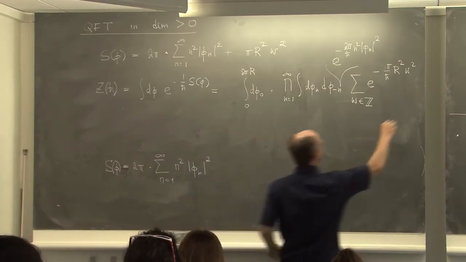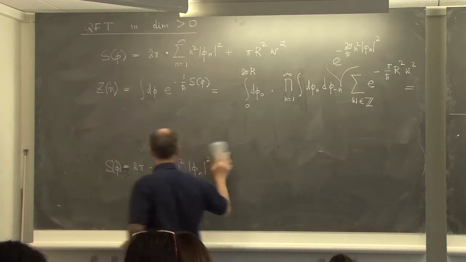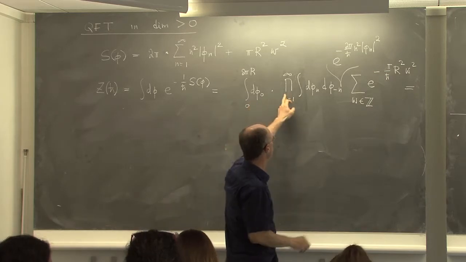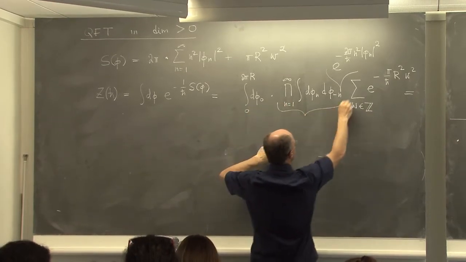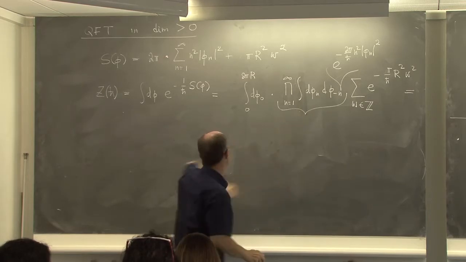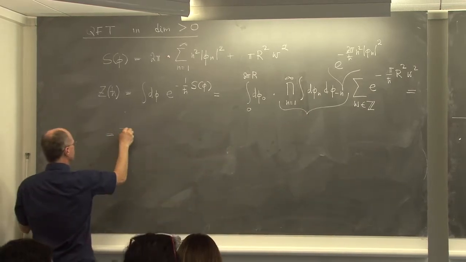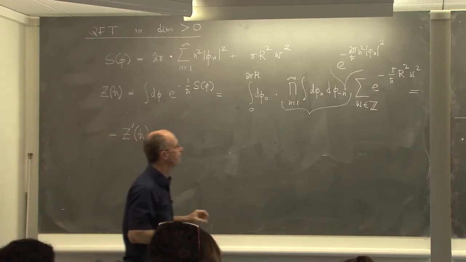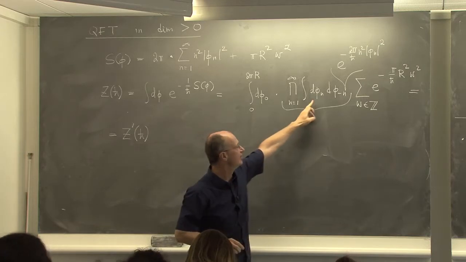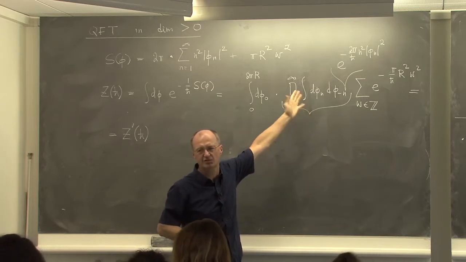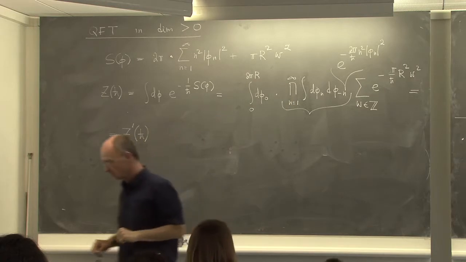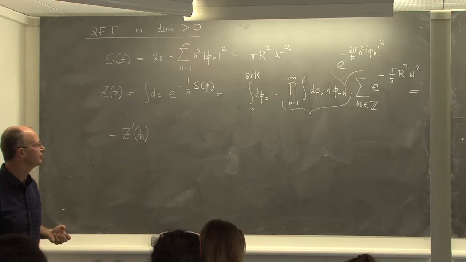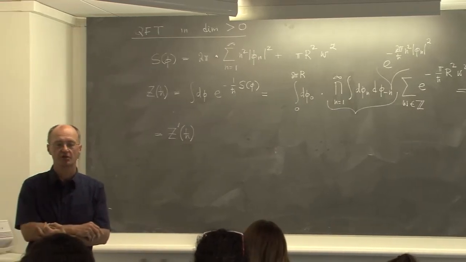So now we decided, at least for some time, to accept that this is some kind of number, z prime of h. In any event, if we accept that somehow this can be negotiated to be some reasonable, meaningful number, it doesn't depend on r, right?